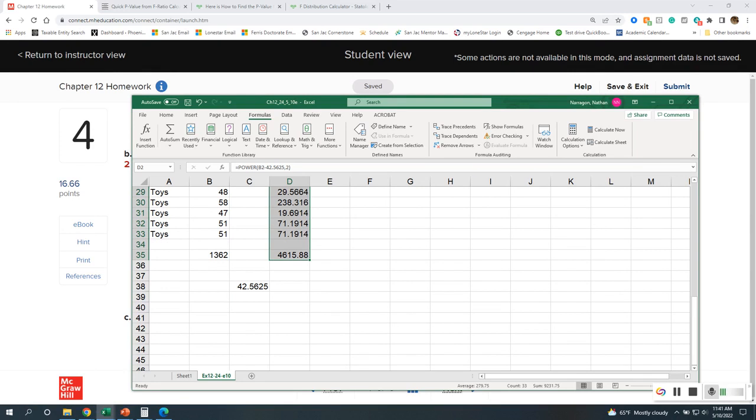We're going to have to figure out the sample mean, or the sum of squares error, SSE, which again is basically our random variation.